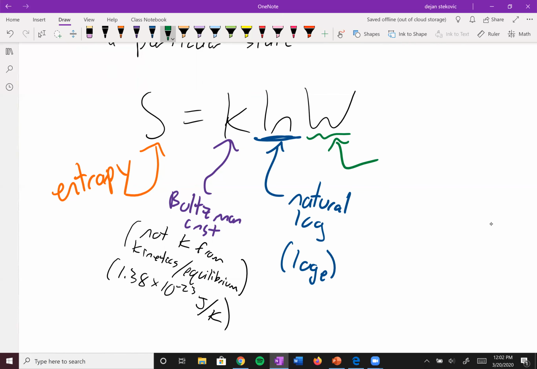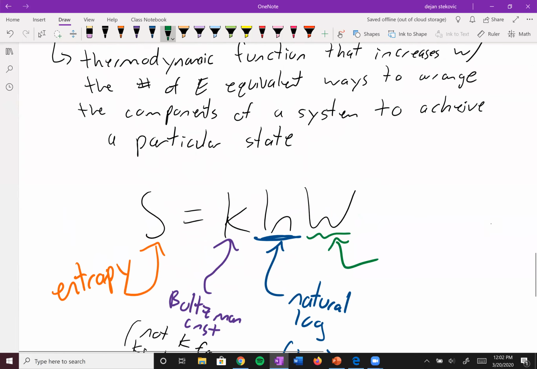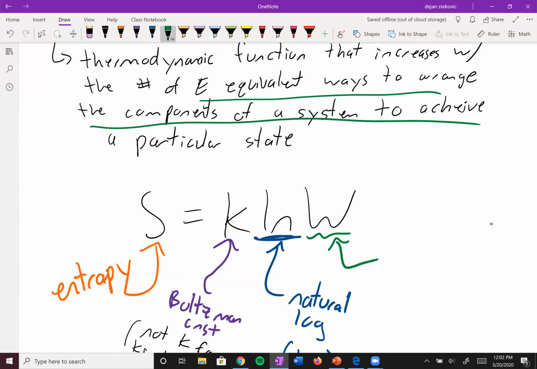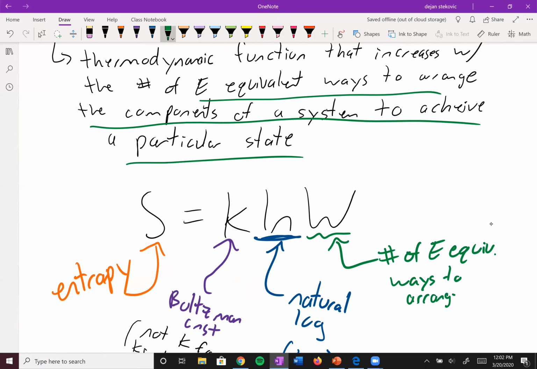And then here, W is the number of energy equivalent ways to arrange the components of a system to achieve a particular state.